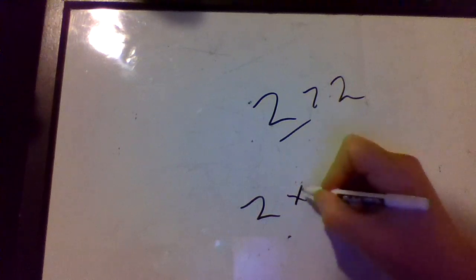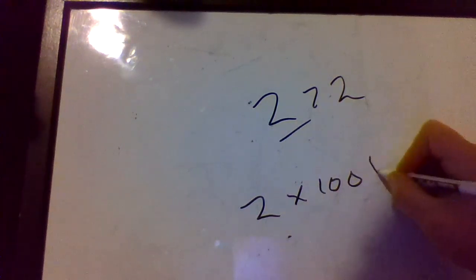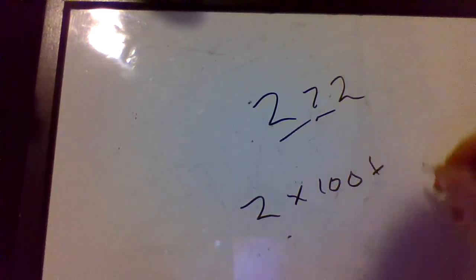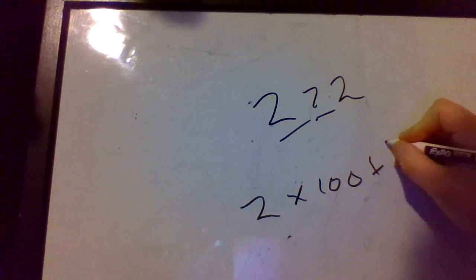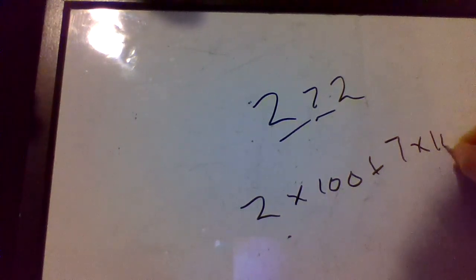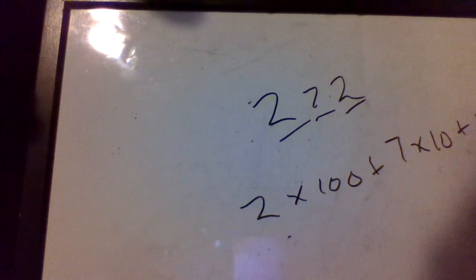So we have 2 groups of 100 plus this 7 is in the tens place. So we have 7 groups of 10 plus this, the last 2, is in the ones place. So we have 2 groups of 1.